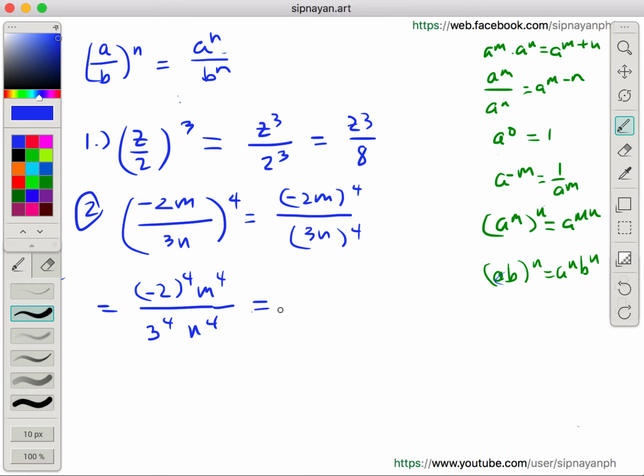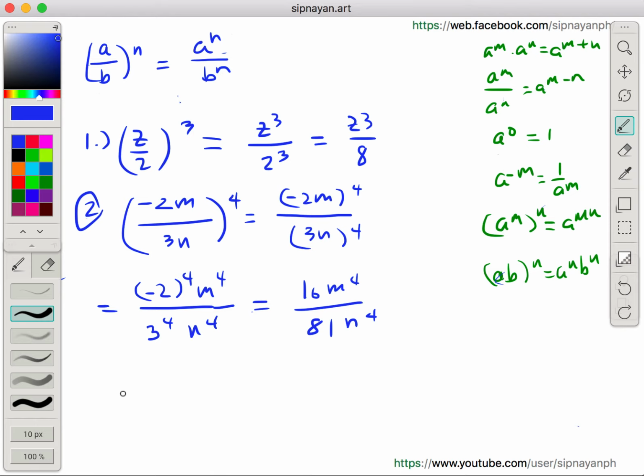So, from there, pwede natin simplify. Negative 2 to the fourth, ilan yun? 16. Negative times negative 2, that's 4 times negative 2 is negative 8, times negative 2 is 16. m to the fourth over, what is 3 to the fourth? That's 81. n to the fourth power.